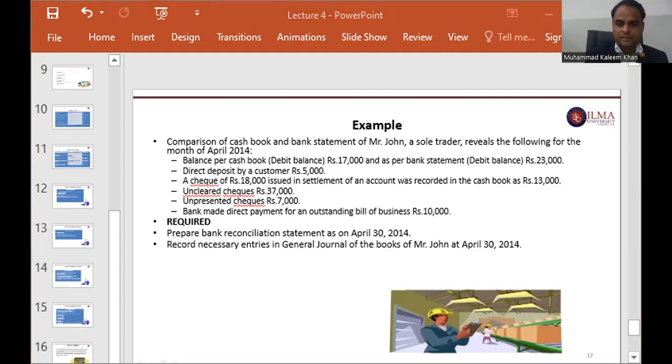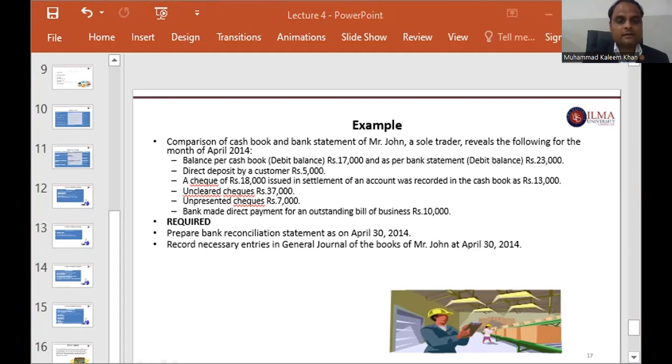Direct deposit by customer 5,000. Next, a check of rupees 18,000 issued in settlement of an account was recorded in the cash book as rupees 13,000. The next one is an uncleared check, an unpresented check, and the bank made a direct payment for an outstanding bill for the business. You are required to prepare a bank reconciliation statement.